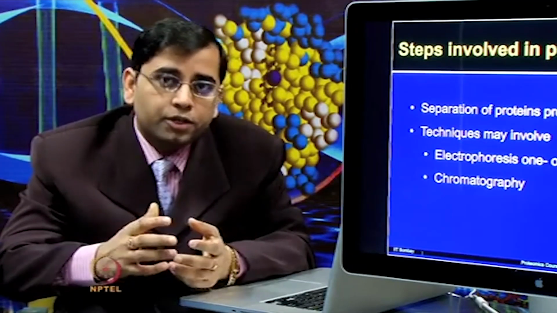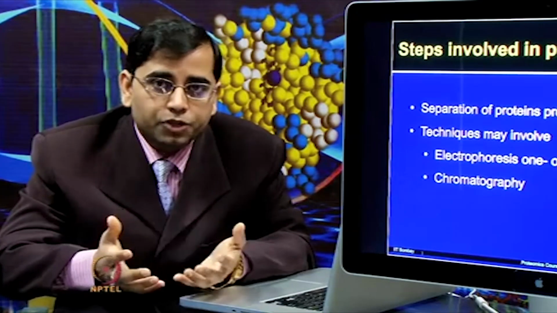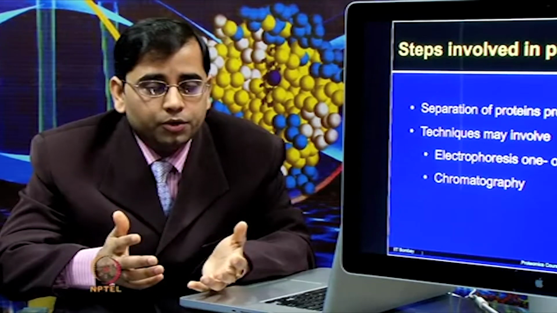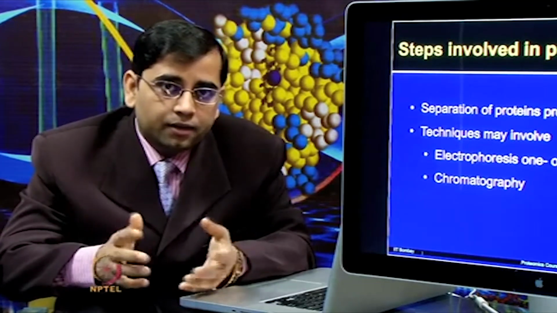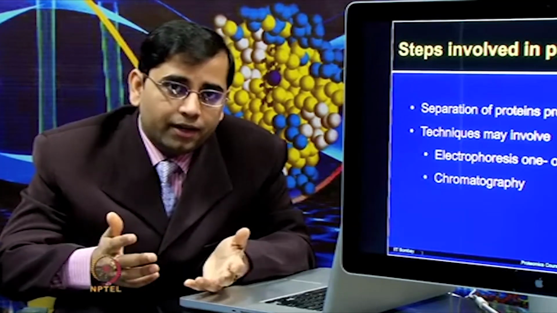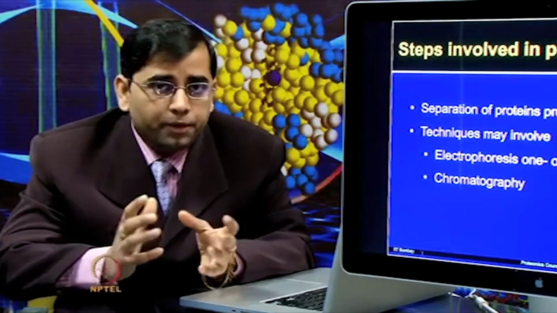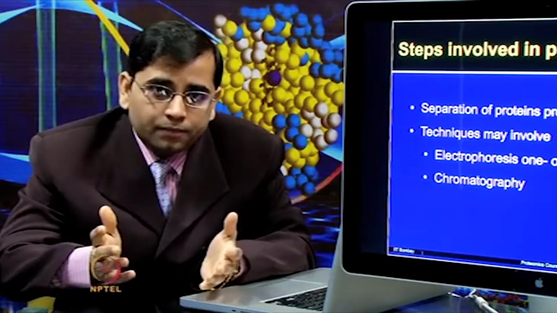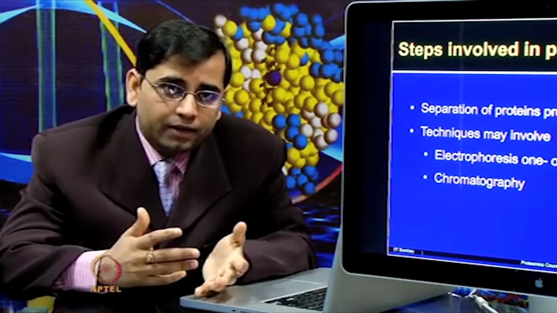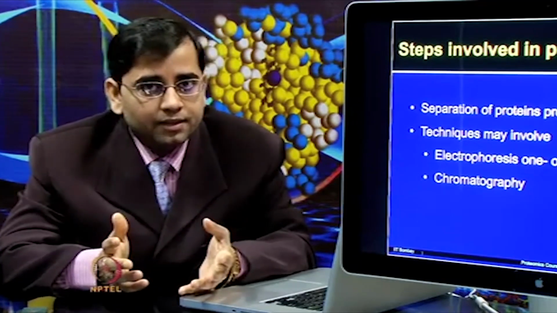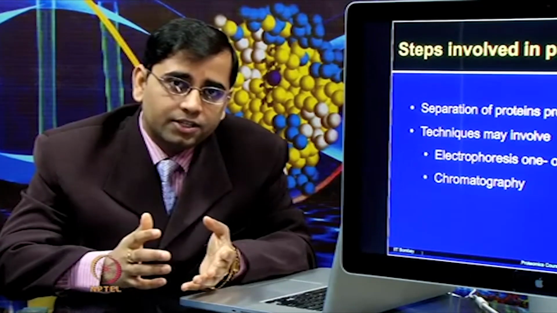If you want to resolve a very, very complex mixture of proteins obtained from whole cell lysate or tissue or the cell, which contains thousands of proteins, at that time you can try different types of pre-fractionation methods by involving different chromatography, as well as you can try different types of advanced electrophoretic methods such as two-dimensional electrophoresis or DIGE.